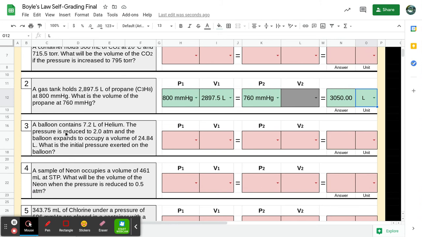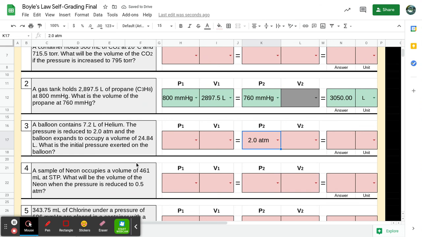So it says the pressure is reduced to 2 atm, 2 atmospheres. Then the volume that goes with it is 24.84 liters. What is the initial pressure? And initial would imply first. So P1 is actually what you're solving for. P2 is going to be the 2 atm, 2 atmospheres.